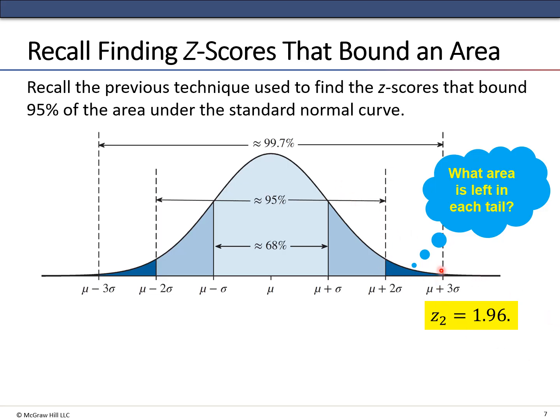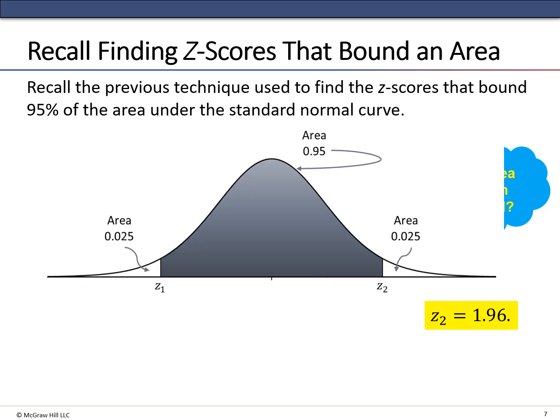Well, if this is 2.5% in the right tail, remember the z-score at this point gives all of the area to the left, which would be 97.5% or 0.975. If you look in table A2 and look for that value in the table, 0.975, you will find the z-score for that is 1.96.